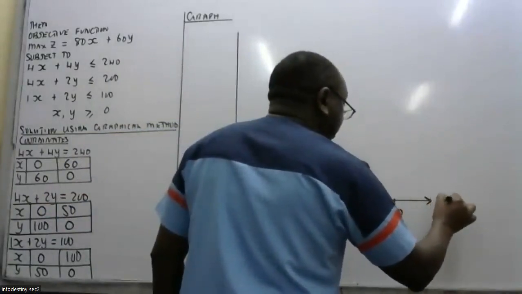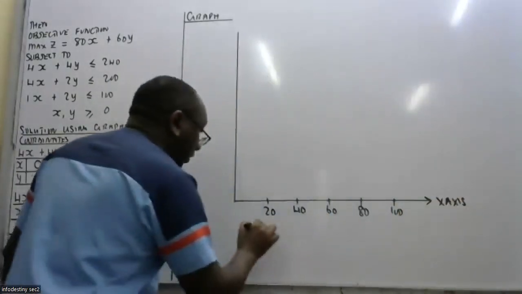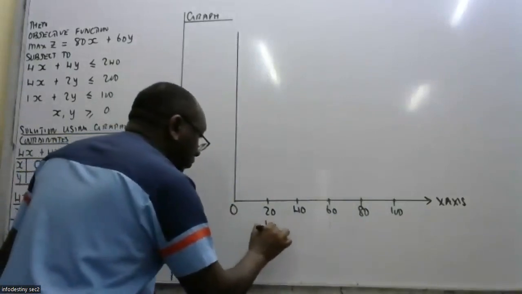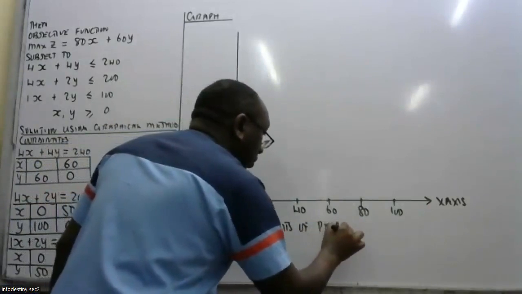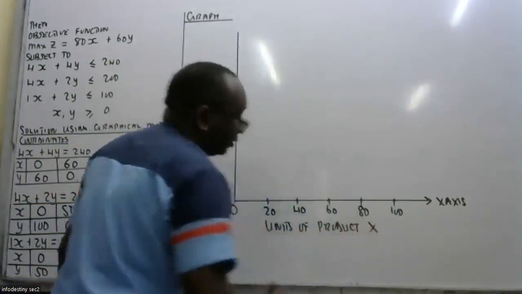This is the x-axis, and this is 0 here. So these are units of product x.